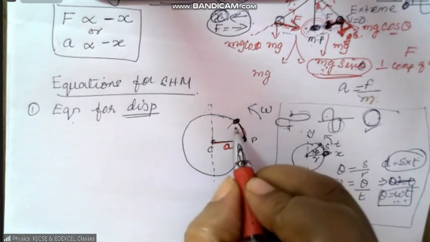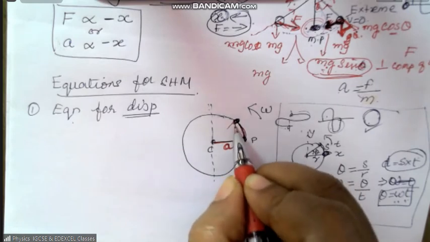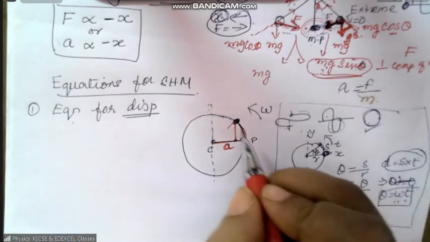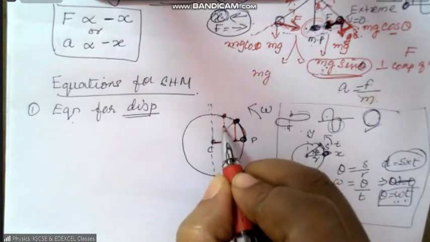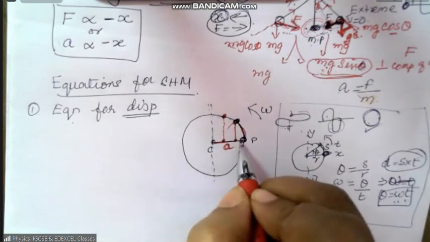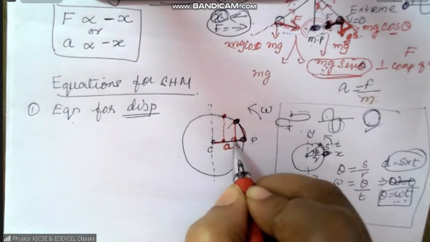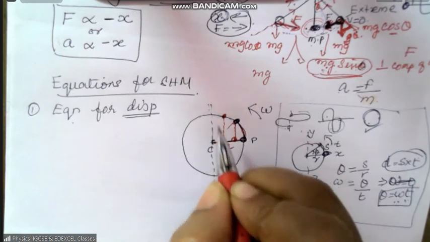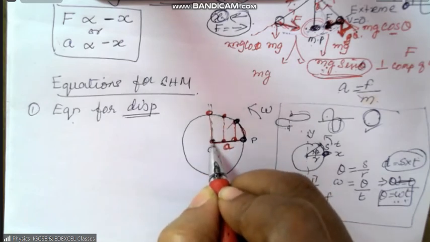Now we can draw a perpendicular down here. When the particle is over here, we can draw a perpendicular to the x-axis. That means this perpendicular moves from here to this to this. When the particle is here, the perpendicular to the x-axis is here.